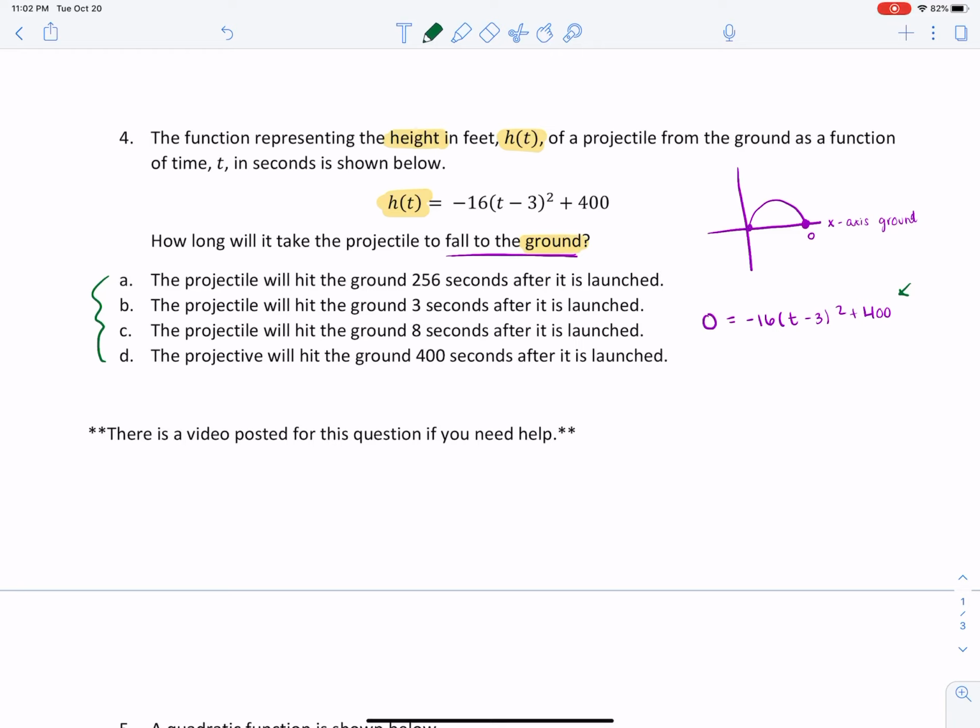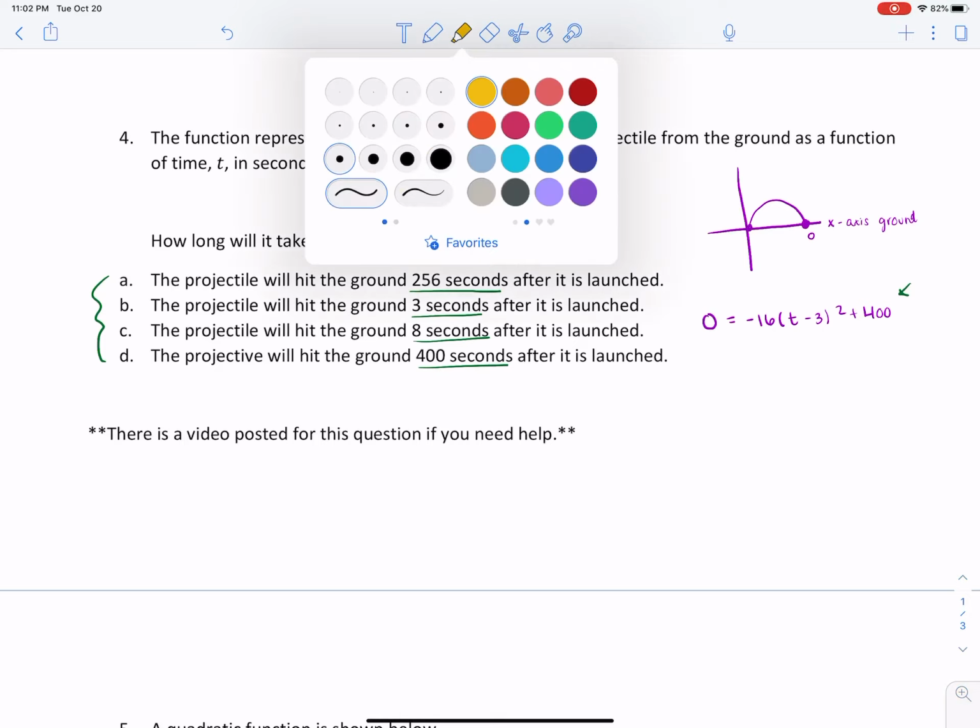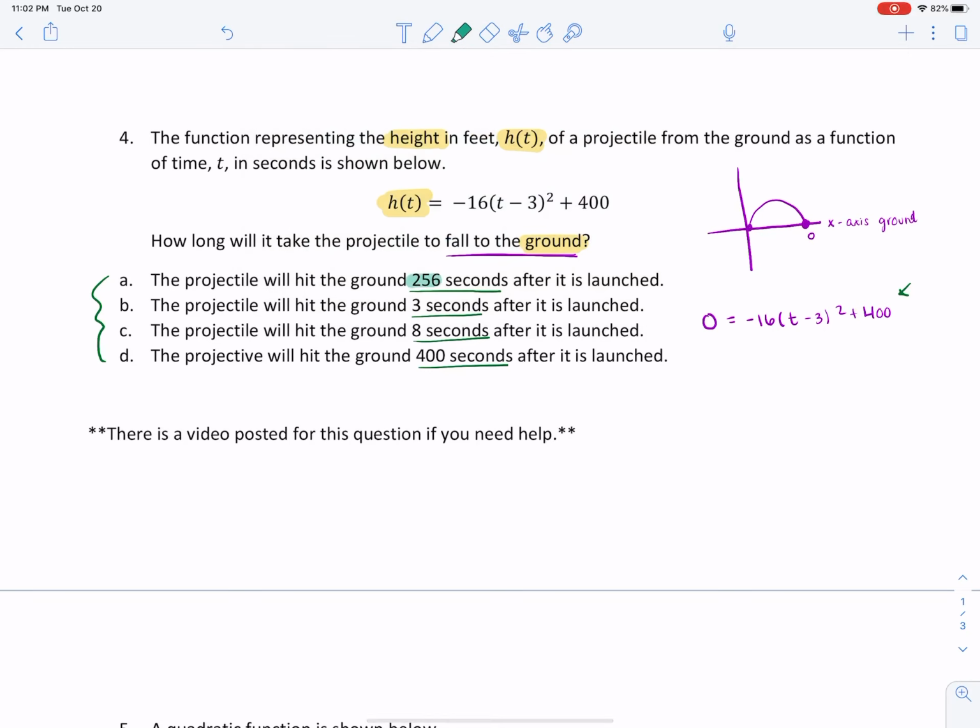The answer choices are 256 seconds, 3 seconds, 8 seconds, 400 seconds. Well, seconds is time. So we're going to take those answer choices and plug them in for t and see which one gives me 0 out. When you plug in the number for t, you want to know which one gives you 0 after you simplify it all.